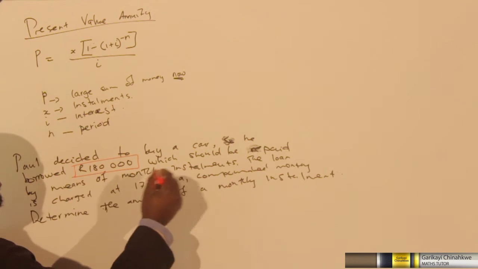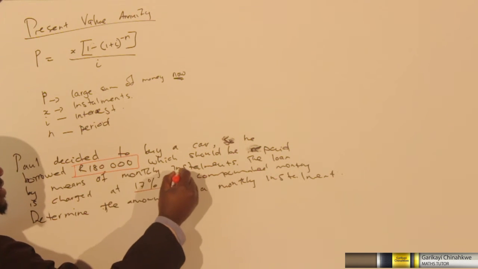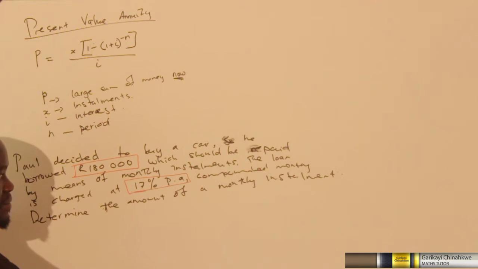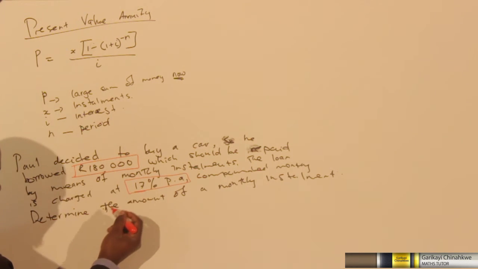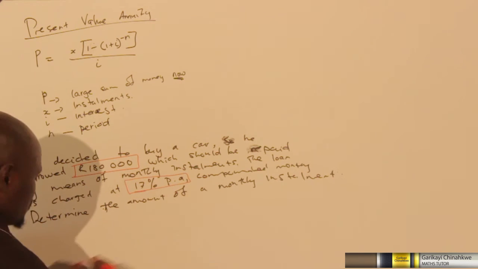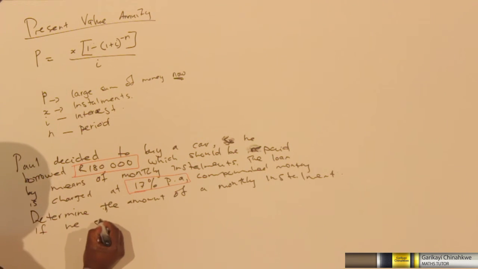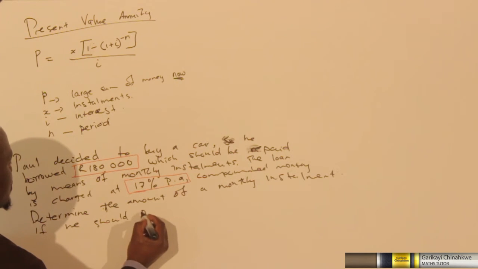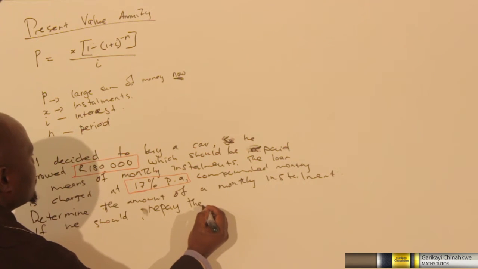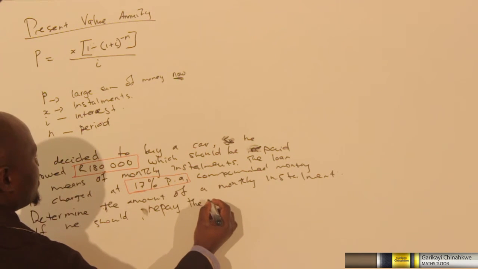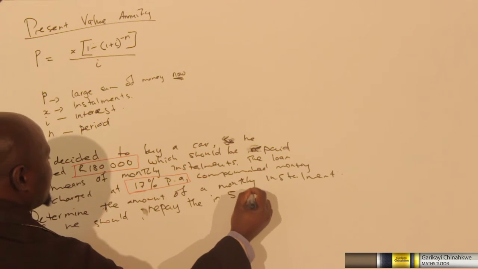So he's supposed to repay this by means of installments. Then the loan is charged at 17% per annum. You understand that? Determine the amount of monthly installment if he should repay in 5 years' time.